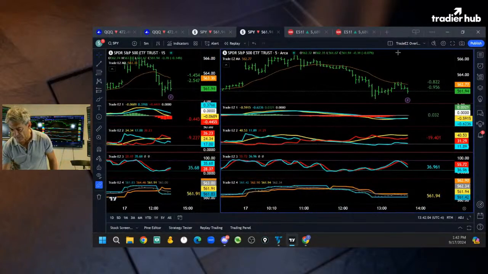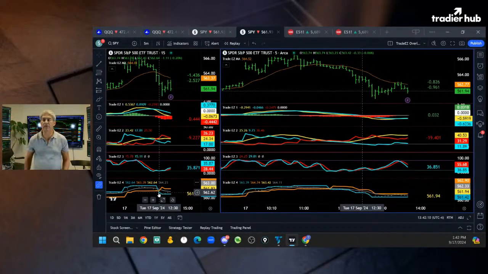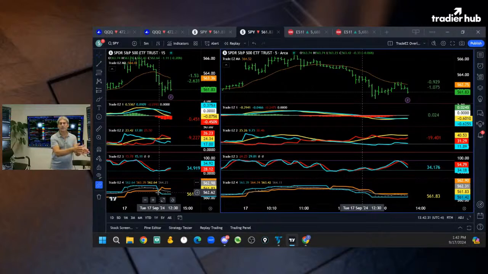Okay, so here you can see the algorithm reversed to sell at 12:30 on the 15-minute time frame. Once I got the indicator 4 on my 15-minute time frame reversed to sell, I knew immediately the highs were in for the day. The highs were in for the day. Now the 15-minute time frame reversed to sell on my indicator 4, okay, to negative. The 30 and the 60-minute time frames were bullish.